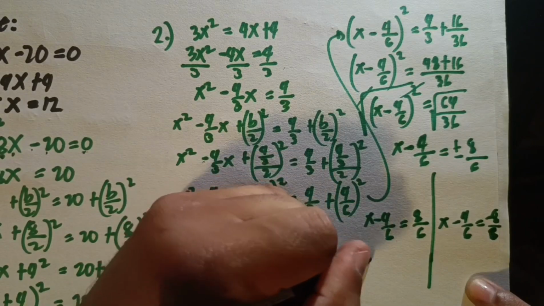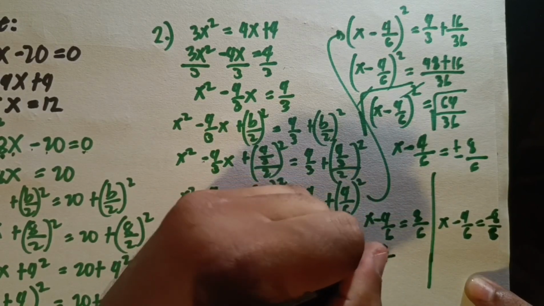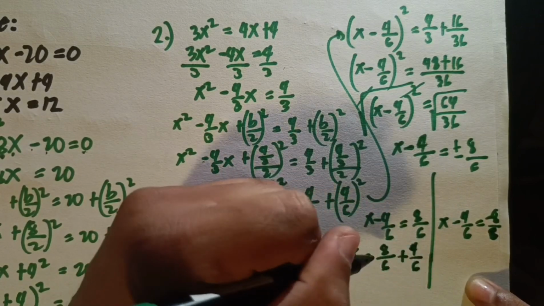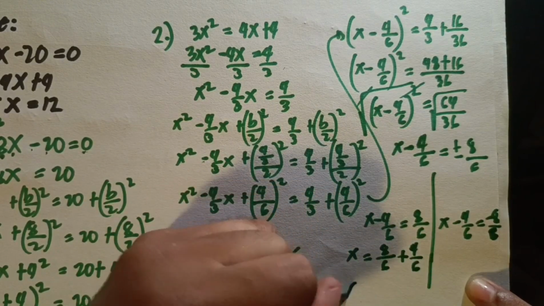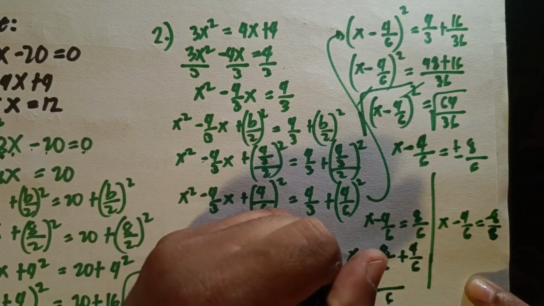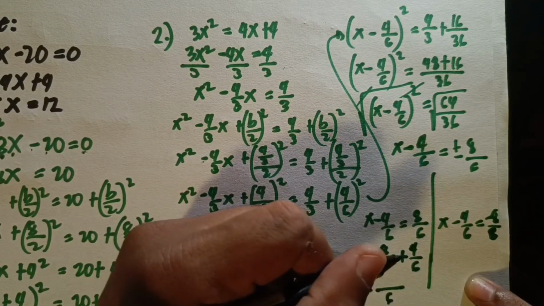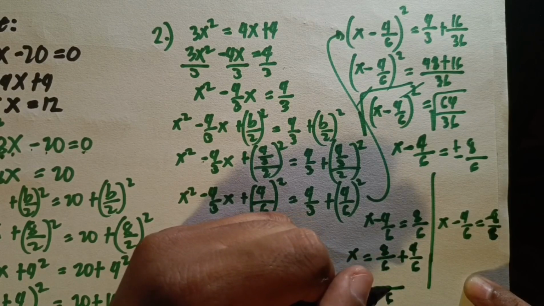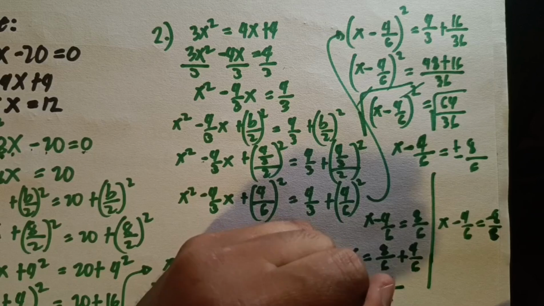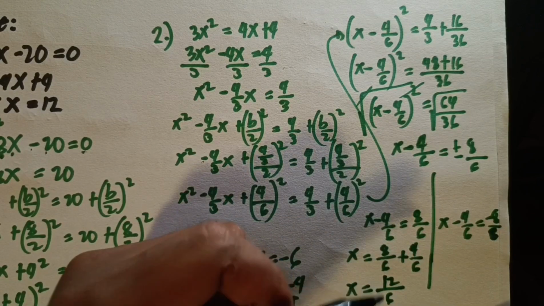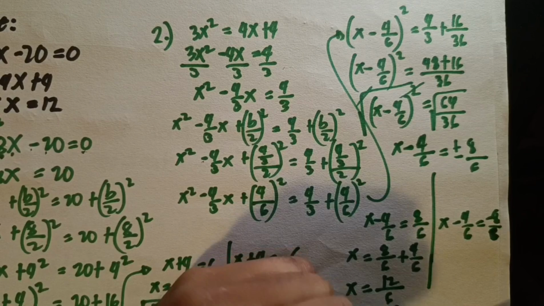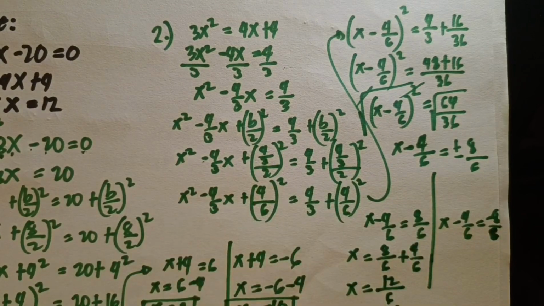It will become x is equal to, copy 8 over 6, and from negative it will become positive 4 over 6. Solve. Same denominator, so directly add the numerators. So 8 plus 4 is 12. If it can be simplified, simplify it. So 12 over 6 is 2. So the value of x is 2.